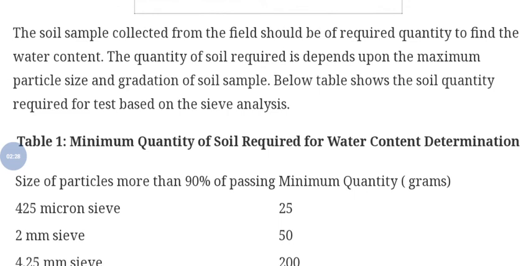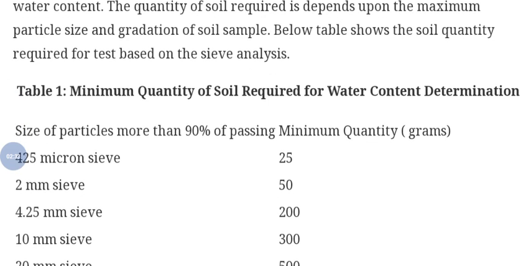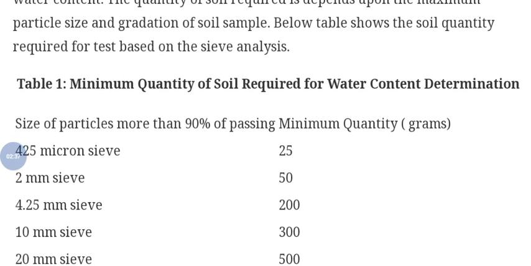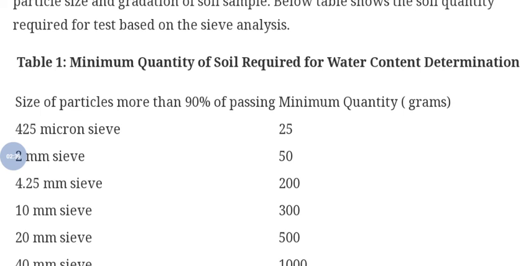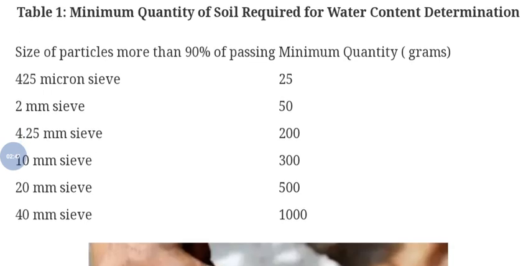In the table here you are seeing what quantity we should take for the test. If 90% of the soil is greater than the following sieves given here, that is 425 micron sieve, 2 mm sieve, 4.75 mm sieve, 10, 20, 40 respectively.